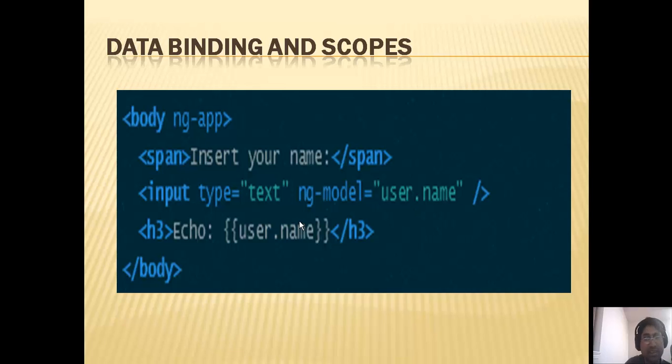I think the same thing is happening here. There is no explicit controller here, but there is an implicit controller, and in that implicit controller this model is being placed, and this is coming from that controller. So control goes to the controller.